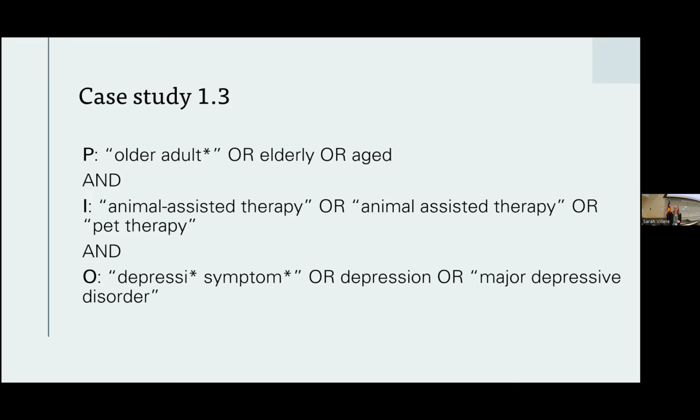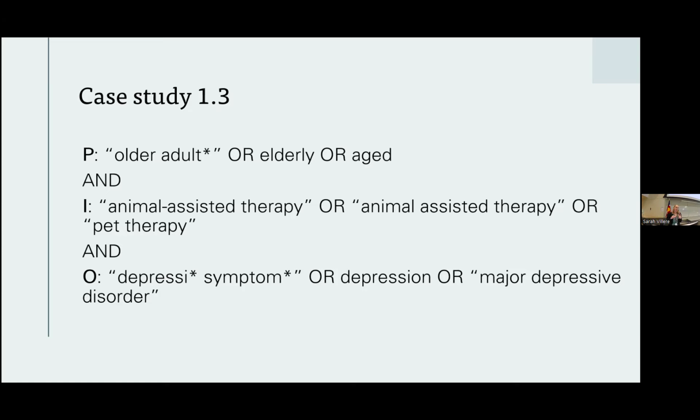And then with the C, because it is just a standard of care, we don't actually need to list anything out for that. So we can just skip the C for this example, and we'll go to the O, which was symptoms of depression, or I'm going to call it depression symptoms. I've put this in a quote, and then I did use truncation because I wanted to capture depression.